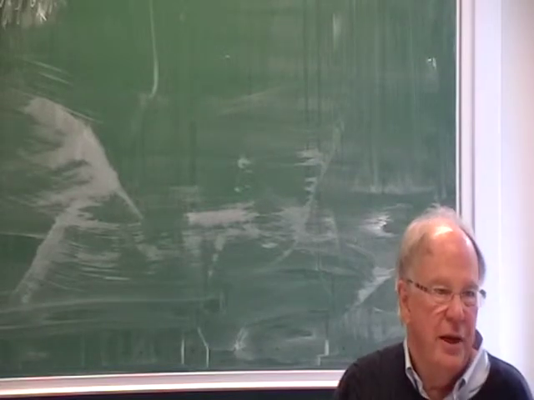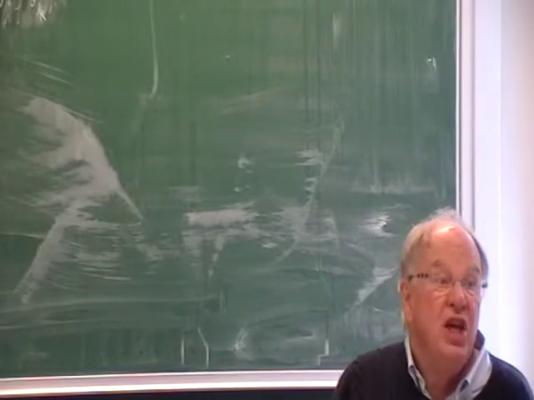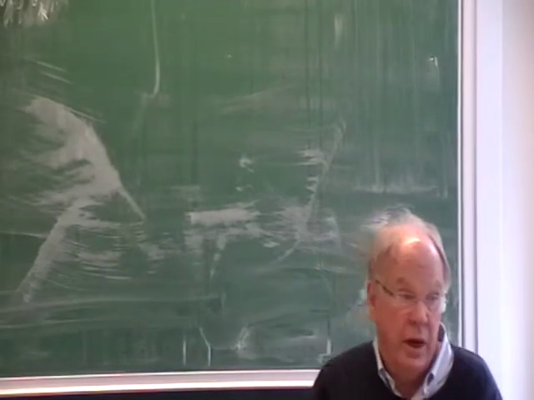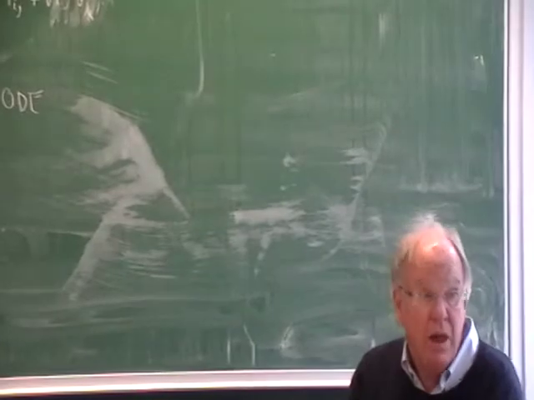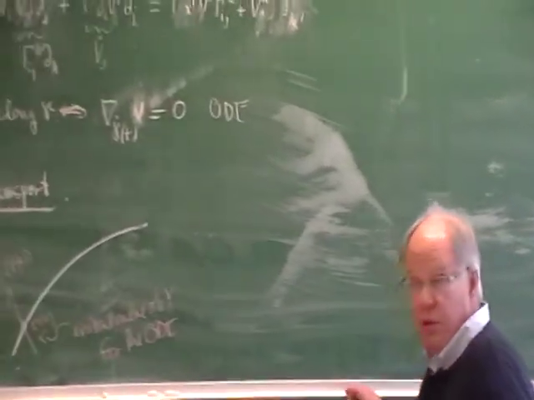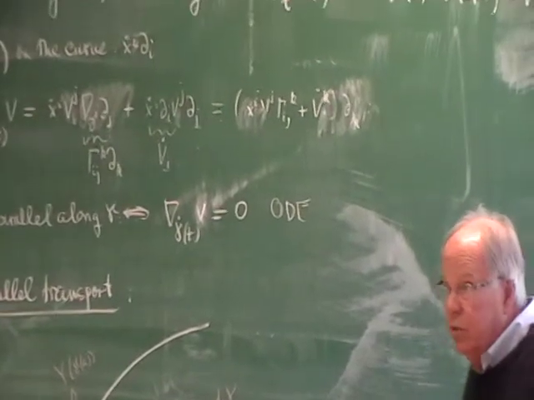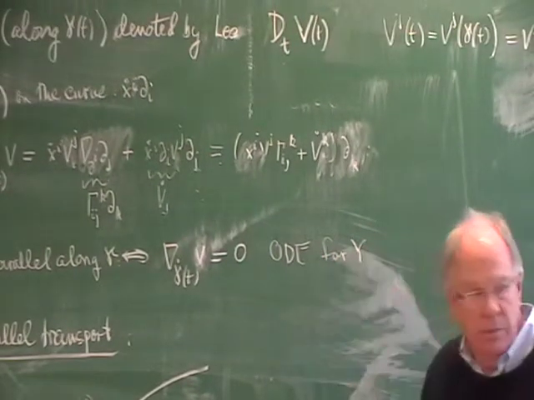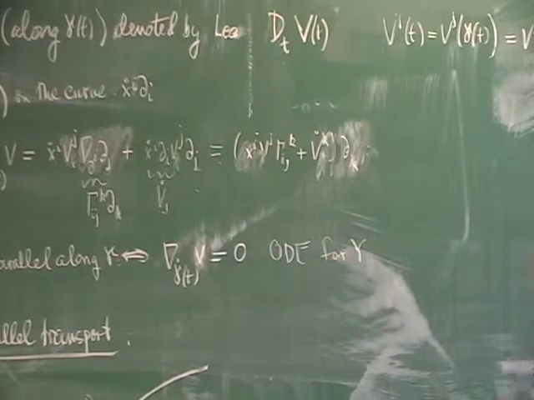Now I'm going to say, regard this as an ODE for y, with y being unknown. So it's a very good question, right? What is y? ODE for y. I didn't say it, right?